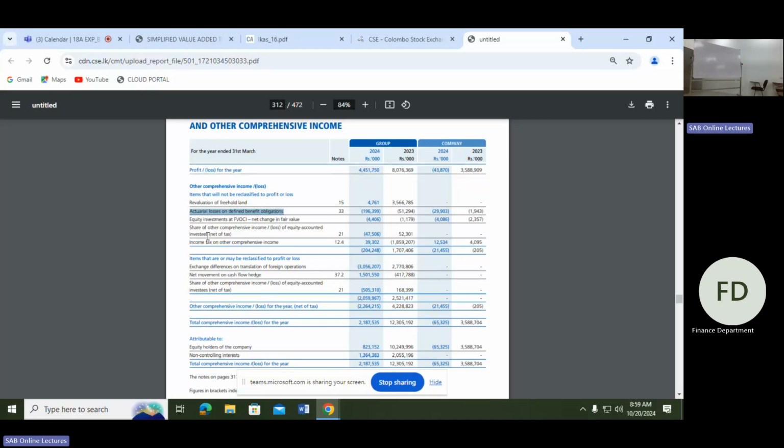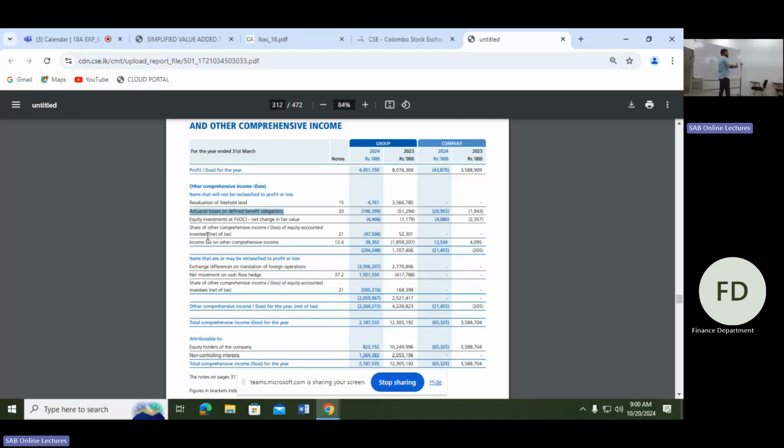In the same way, paddy, corn, other than this, pineapple, all those things are consumable biological assets, consumable plants, right? Bearer plants: tea, mango, guava, lime, different trees, right?